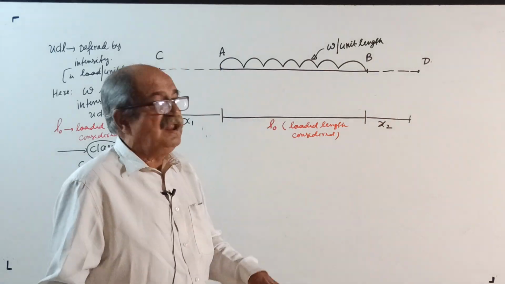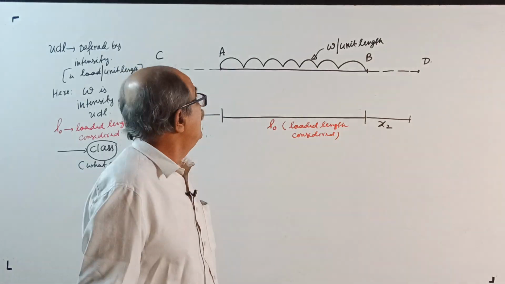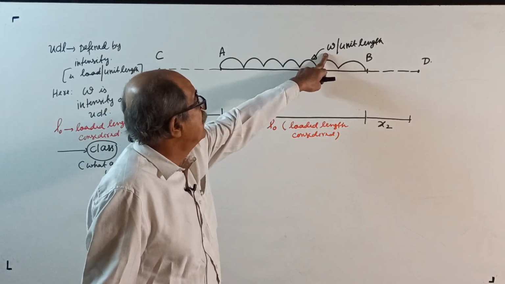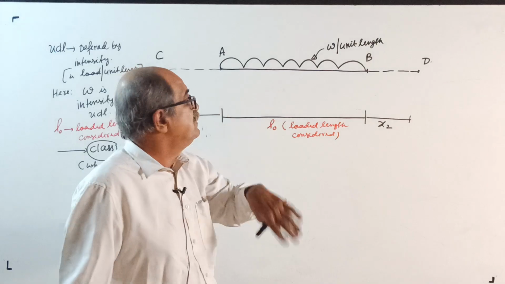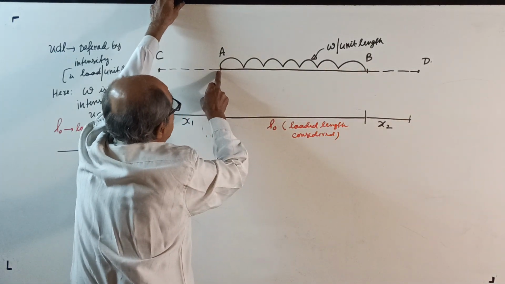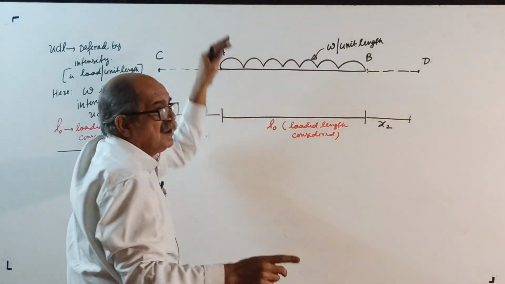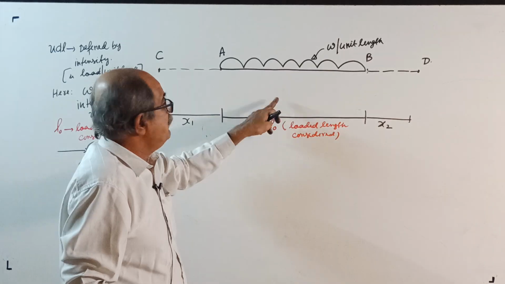I told UDL. See, right here. Consider a UDL of intensity W, that is per unit length. Let the UDL be there from a point A to B. Between them, you should all write this yourself only. I am dictating.